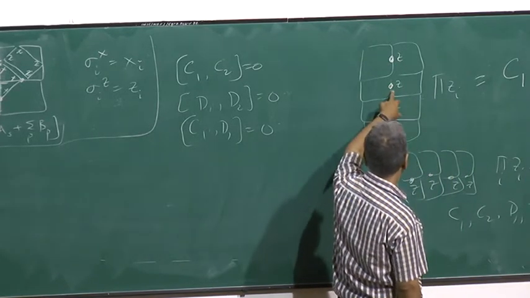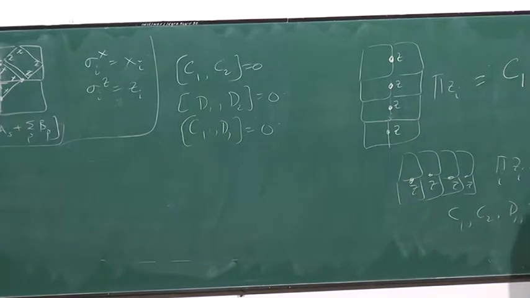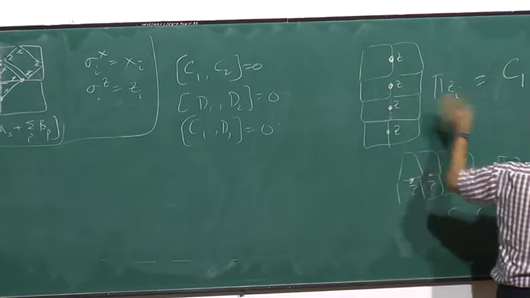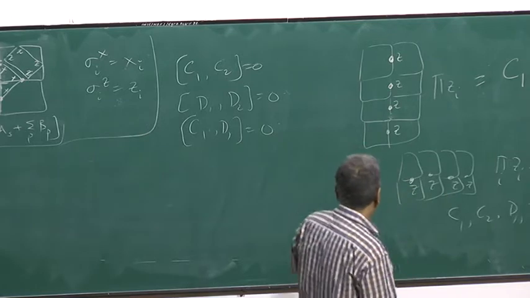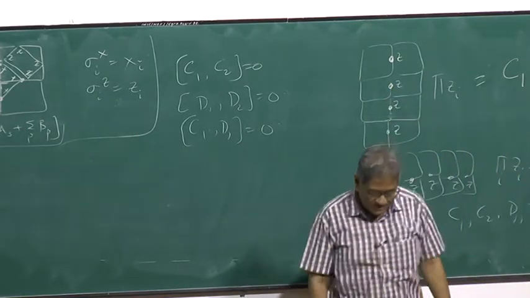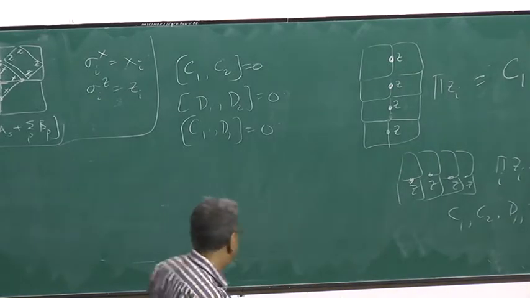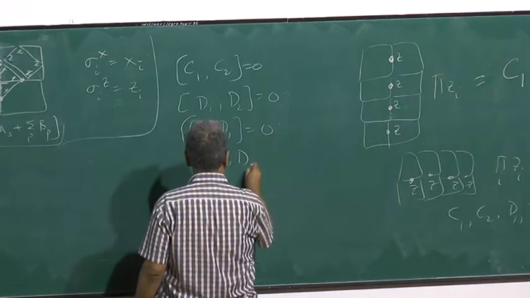But C1 and D2 do not commute because at some point C1 has a z on a vertical bond and D2 has an x also on a vertical bond. So, these will have to cross on some vertical bond somewhere in the system. When they cross, because this z and x anti-commute at the same site, the sigma z and sigma x, the anti-commutator of C1 with D2 is 0.